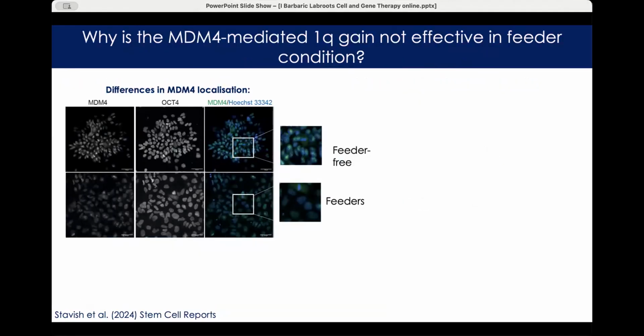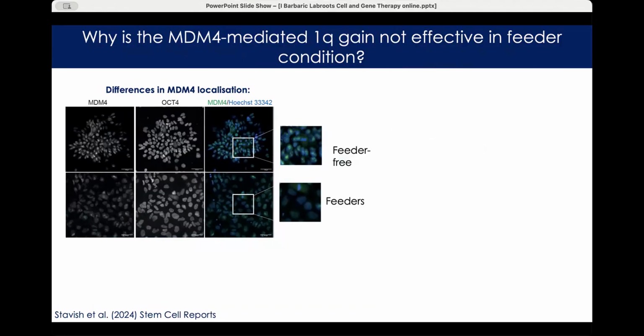But why is the MDM4 mediated gain not effective when cells are moved onto feeders? And a really telling experiment here was looking at the expression, or rather localization, of MDM4.